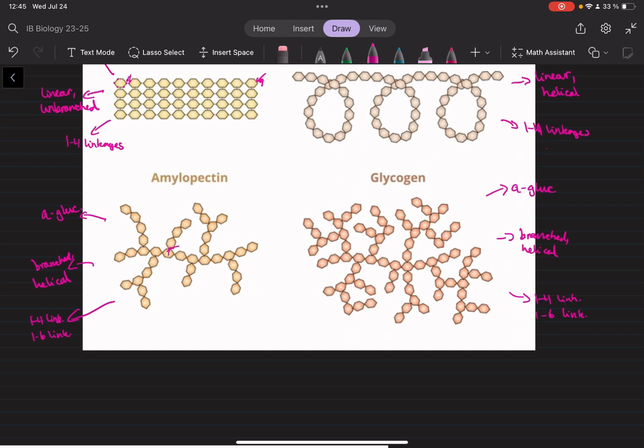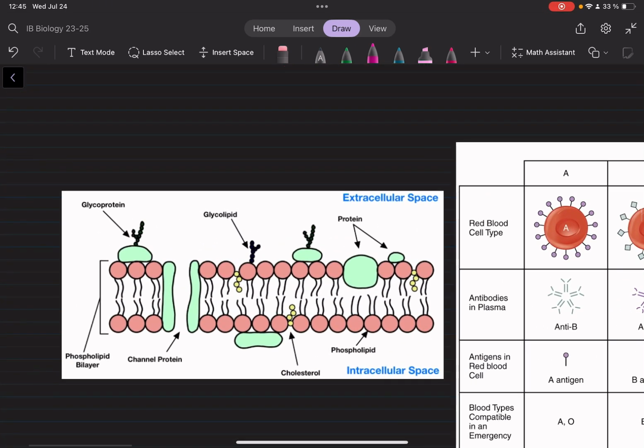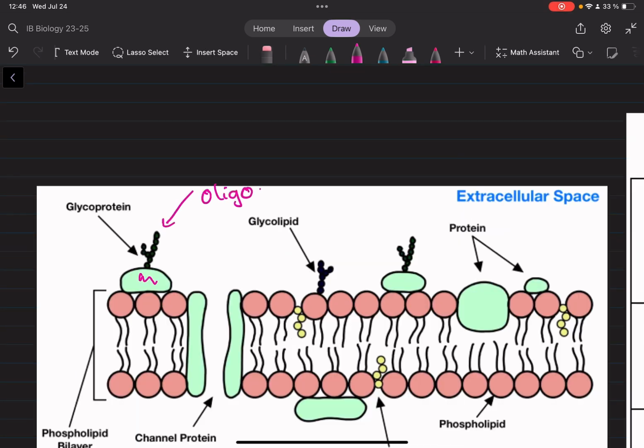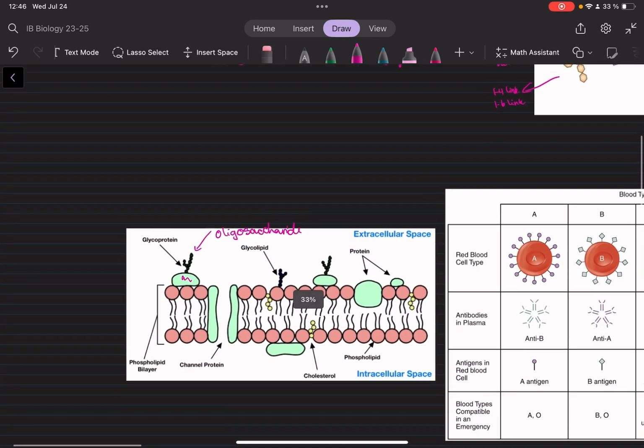However, there are also more functions that carbohydrates can have, and those are with glycoproteins. Now, if you know about the cell membrane, you would know that the glycoprotein is a cell receptor, and it's got a protein over here, obviously that's a protein, and it's got a polysaccharide, or what they call an oligosaccharide, which is, I suppose, a type of polysaccharide, except it's very few.